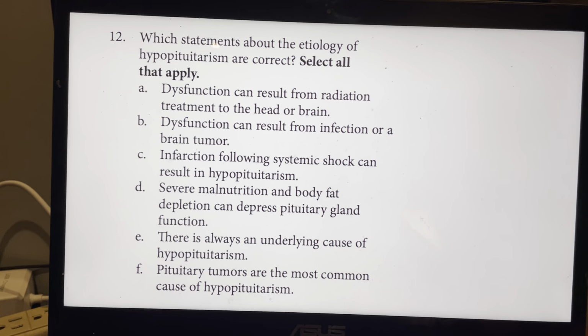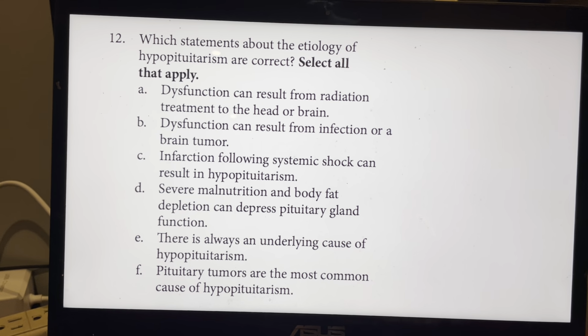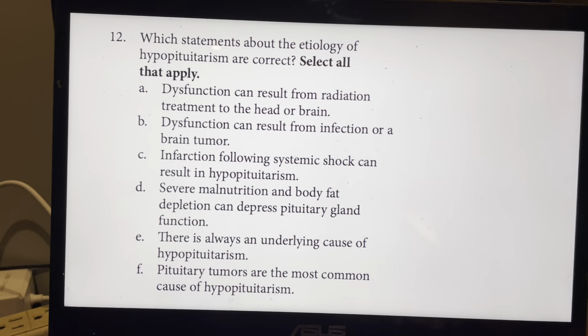Severe malnutrition and body fat depletion can depress pituitary gland function. There is always an underlying cause of hypopituitarism, and pituitary tumors are the most common cause of hypopituitarism. You're going to hear me on your test.